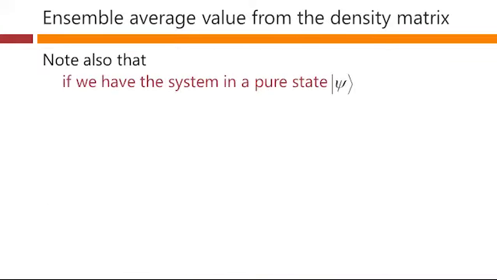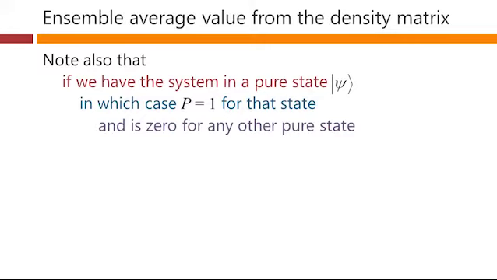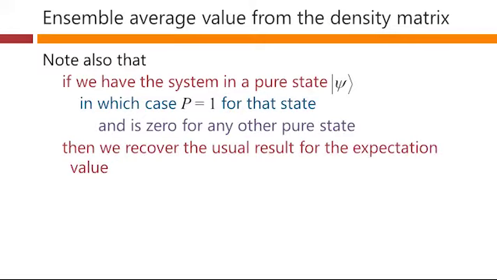Note also that if we have the system in a pure state, psi, in which case p equals 1 for that state, and is 0 for any other pure state, then we recover the usual result for the expectation value.